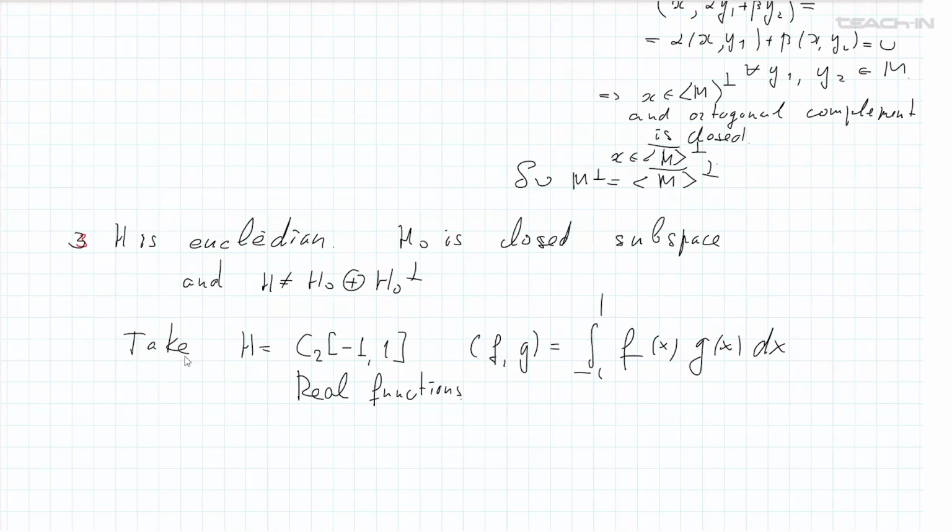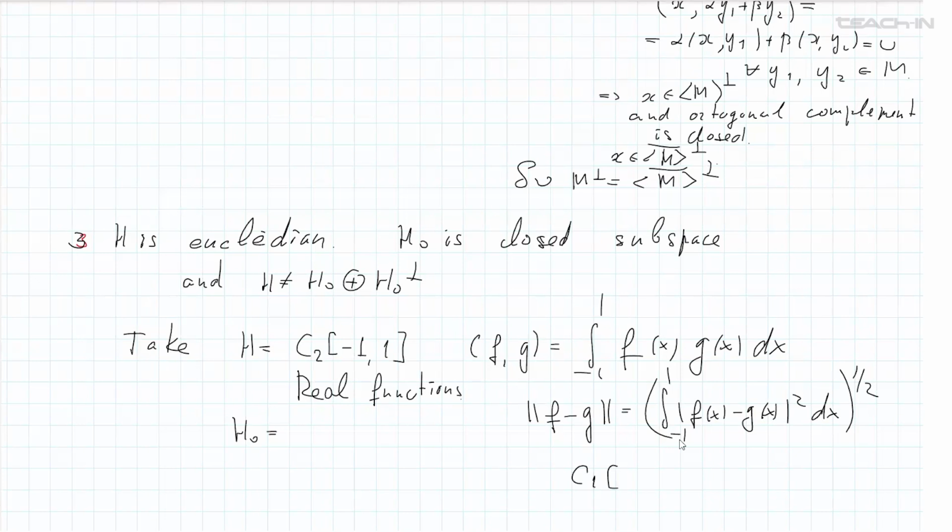And take H0 equals, we know that the norm of F minus G here equals the integral of Fx minus Gx squared dx, 1 over 2, from minus 1 to 1. Do we have a problem that C1 is not complete?